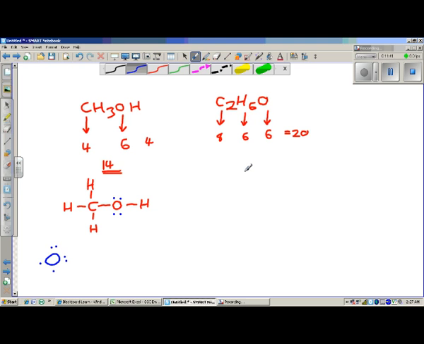So why don't we give ourselves a couple of options here, okay? What if I put my 2 carbons next to each other? Each of my carbons wants 4 bonds, and right now I have 1. So what could I put around this carbon? Well, I could put hydrogens around 1 carbon.